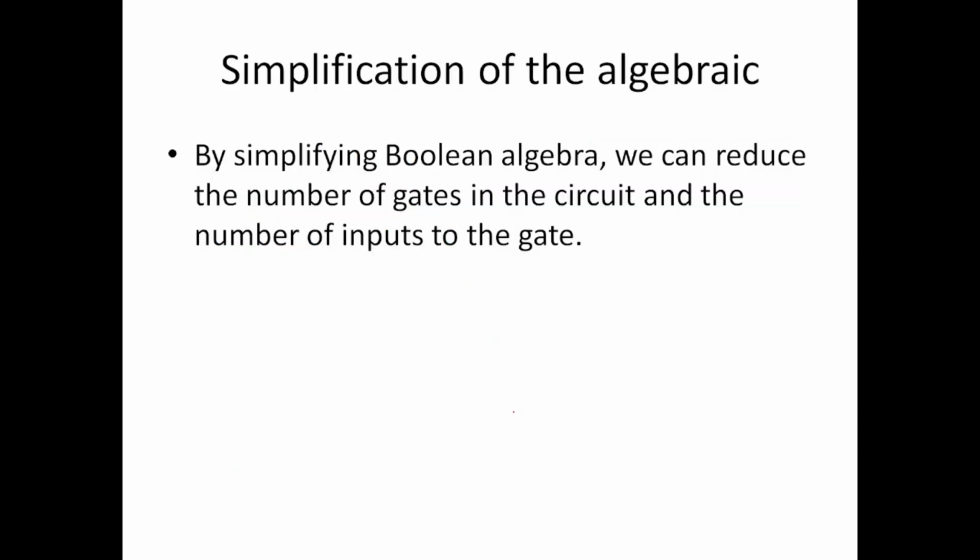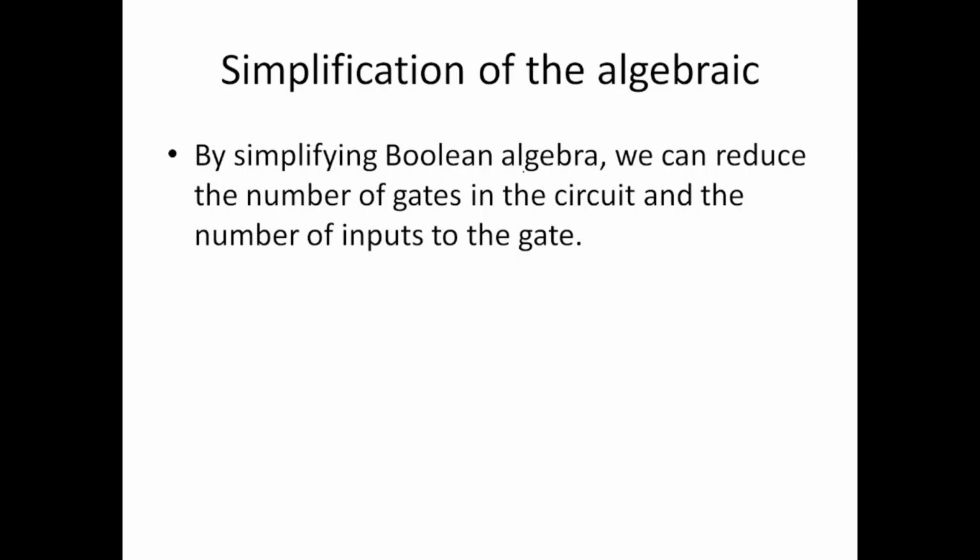Next is simplification of the algebraic expressions. By simplifying the Boolean algebra, we can reduce the number of gates in the circuit and the number of inputs to the gates. So whenever there is a possibility of simplifying the Boolean function, we can simplify.